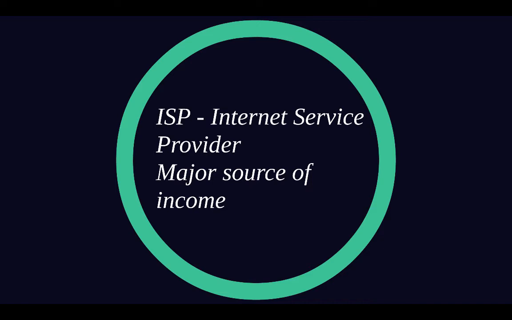This is the major source of income for the people in the internet business. Imagine everybody who uses Wi-Fi and all that, it's close to $100 every month for using the data, and that's the major source of income for the internet.